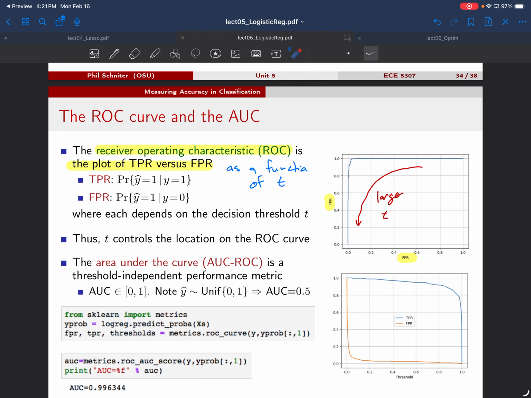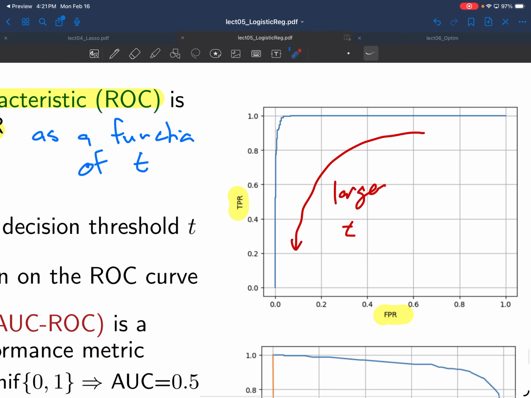And just to remind you, the true positive rate is the probability that your guess of y equals 1 is correct, and the false positive rate is that your guess of y equals 1 is incorrect. Okay, so as we change the threshold, we can move where we are on this curve.